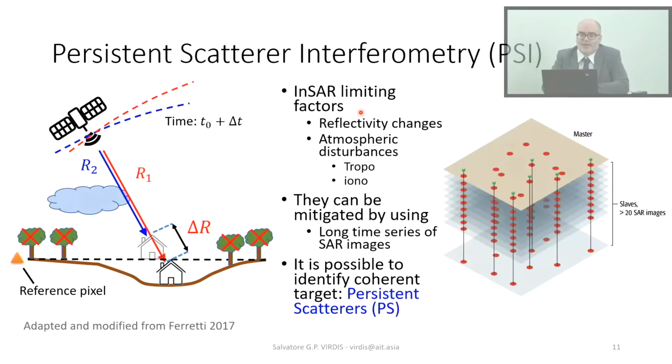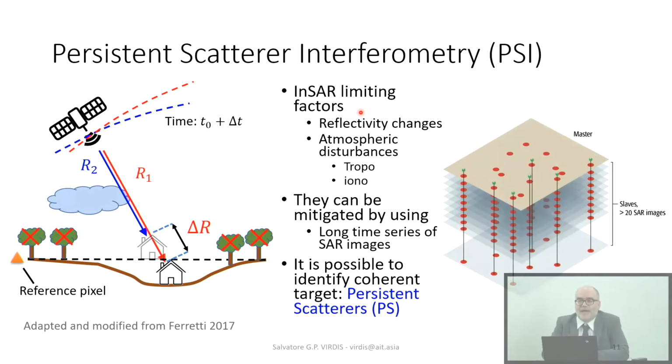We usually build interferograms and map displacement only by taking an image before the event and an image after the event. But with the time series approach, we use several SAR images, 20, 30, 100.